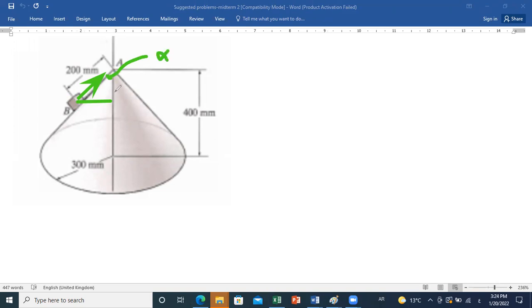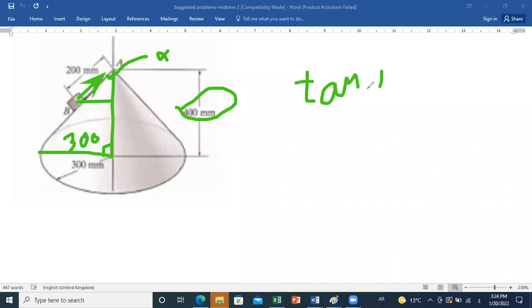I have this triangle here, that is a right triangle. And I know in this right triangle that this distance is 300 millimeter and this one is 400 millimeter. So I can just write that tangent of alpha is 3/4.